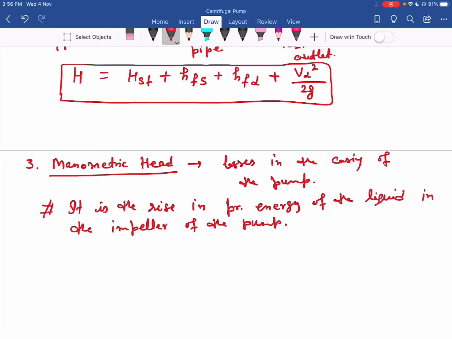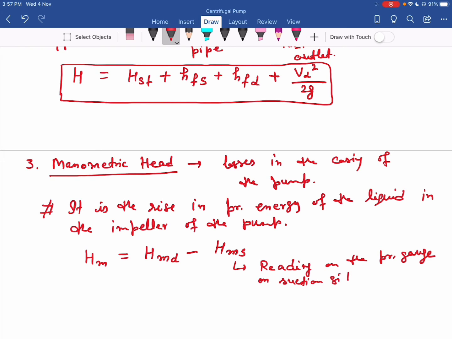So if I write this manometric head as HM, it is equal to HMD minus HMS. Now HMS is my reading on the pressure gauge on suction side, and HMD is my reading on the pressure gauge on delivery side. So the difference of these two readings gives me the manometric head.